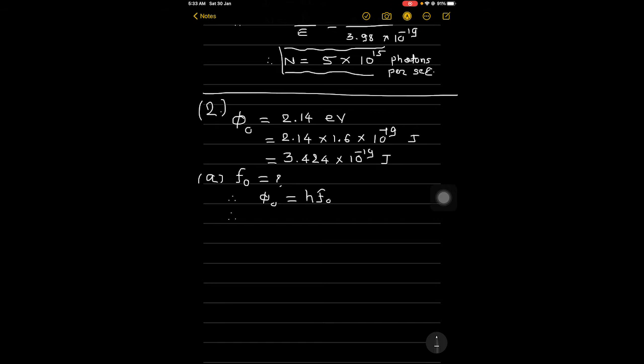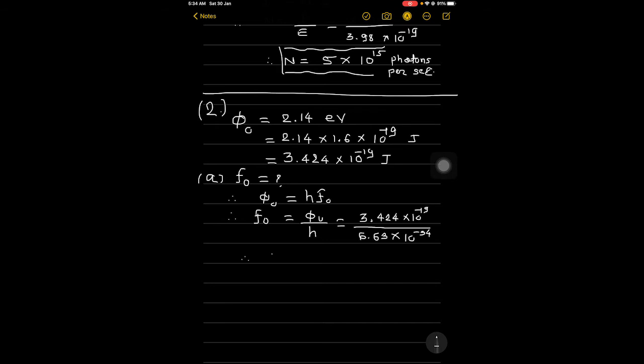So F0 can be written as phi 0 over h. Here phi 0 is obviously 3.424 into 10 raised to minus 19 joule, over Planck constant, that is 6.63 into 10 raised to minus 34 joule second.